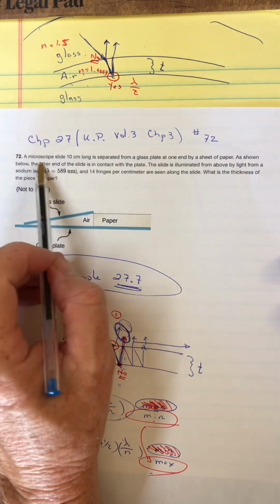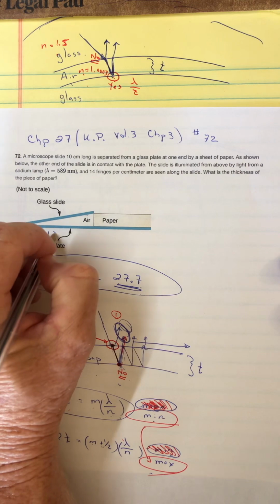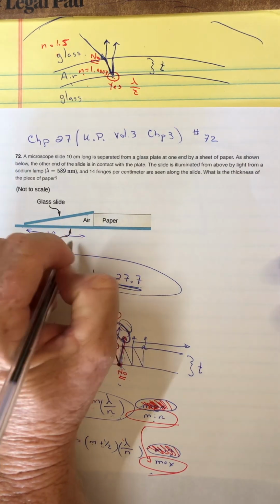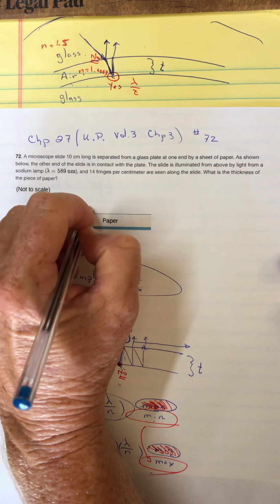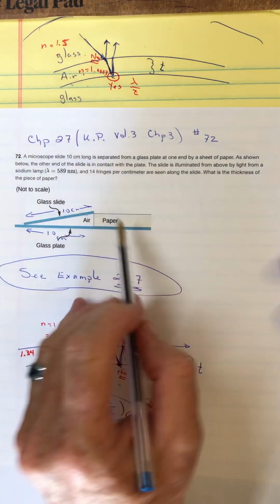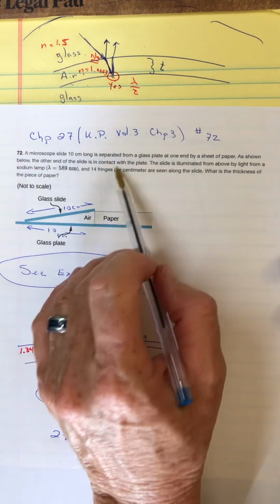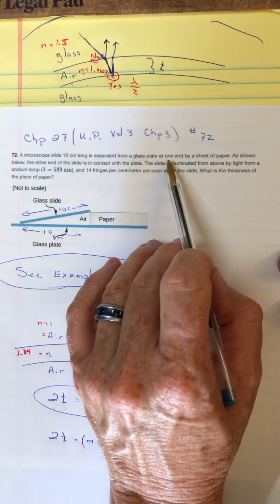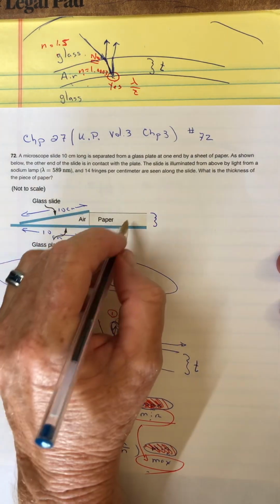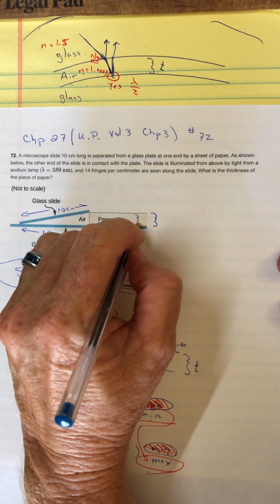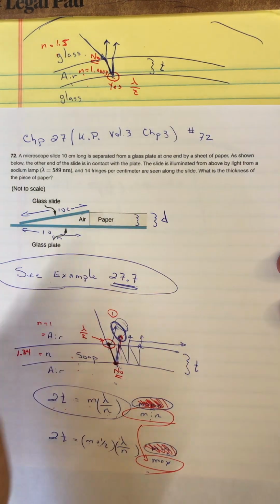So here it says a microscope slide is 10 centimeters long. So I'll just write 10 centimeters along the slide. And it's separated from a glass plate at one end by a sheet of paper. So this is the thickness of the paper. Now let's call it D for a moment.